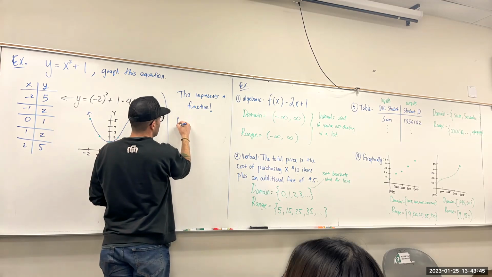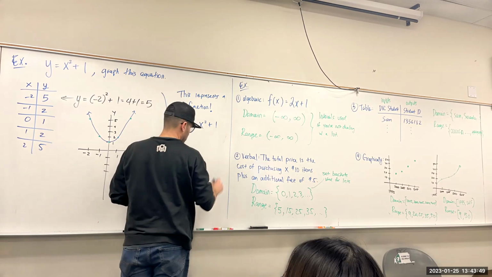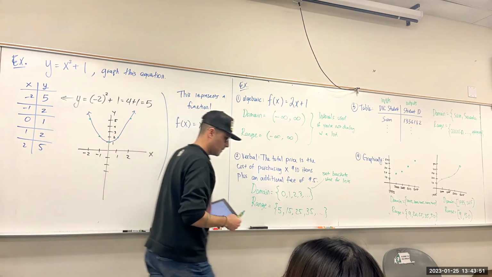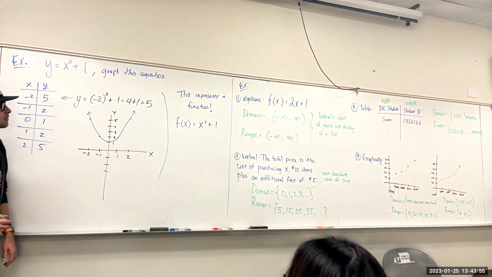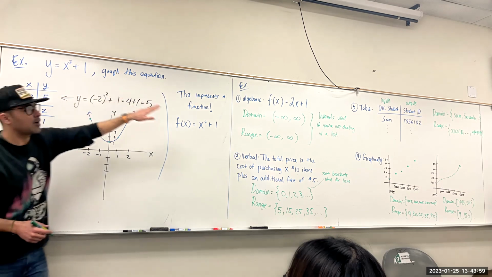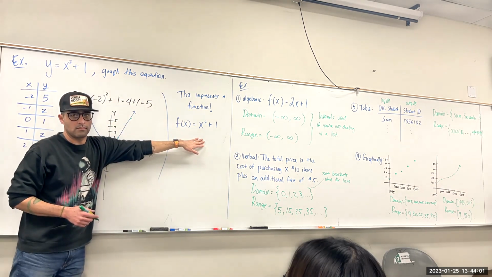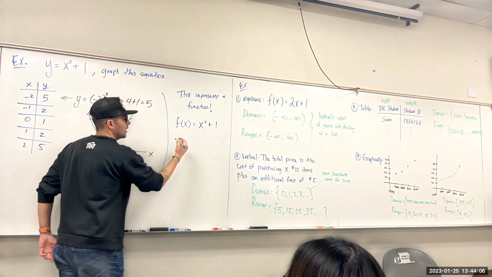And so now we're going to write it as f of x equals x squared plus 1. And again, some more notation here. So notice that here I'm writing it as an equation. Here I'm writing it in function notation. Okay. Here's some important things to take into account.